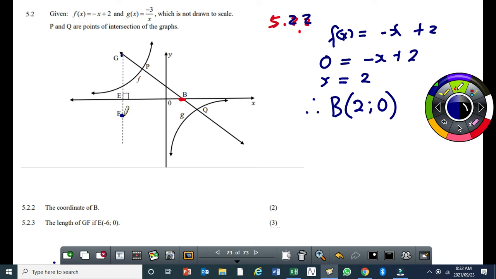You can't find the Y value at point F. If point F is here, it's not along the hyperbola or the straight line, therefore you cannot find the Y value here.